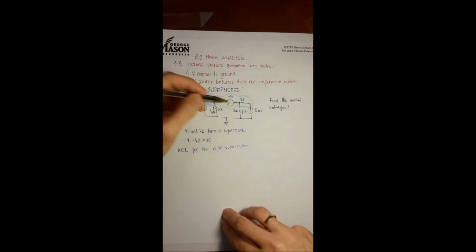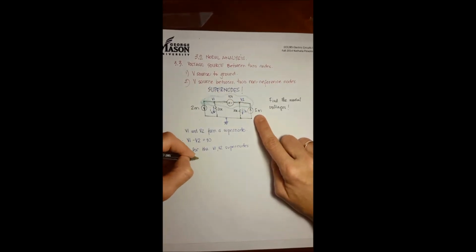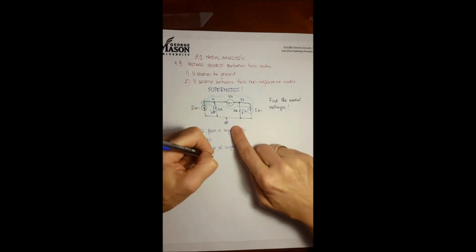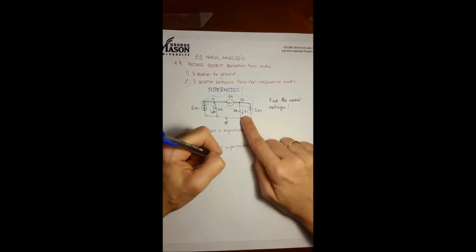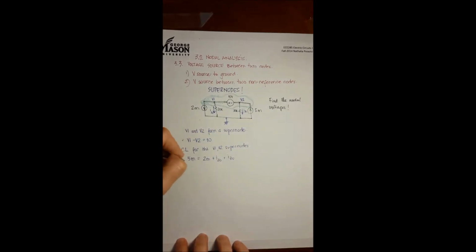All currents coming in equals all currents coming out, so 5 milli is in equals everybody coming out: 2 milli plus I-20 plus I-30. So this is it. These are my two equations. I have these two variables. I want to get rid of I-20 and I-30 by using Ohm's law.